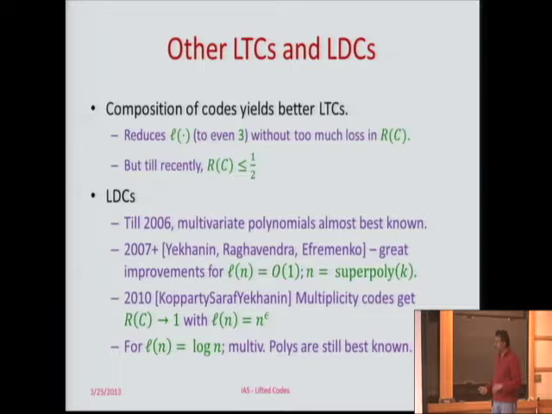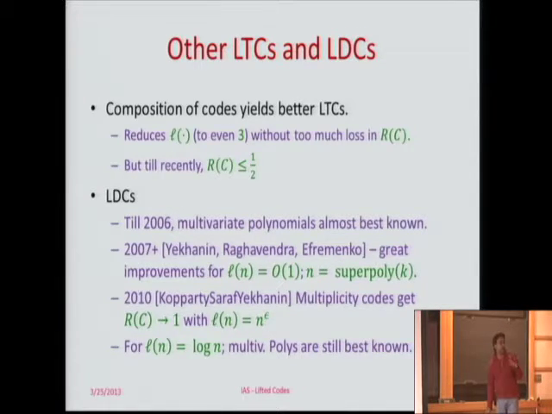On the locally decodable side also, till recently, not quite true, but there were a couple of examples, multivariate polynomials were close enough to the best known locally decodable codes. In 2007 and a few subsequent years, Sergey Yekhanin, Prasad Raghavendra, and Klim had great improvements in the small query regime.